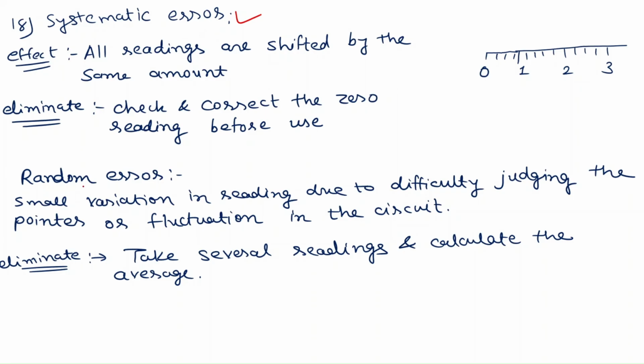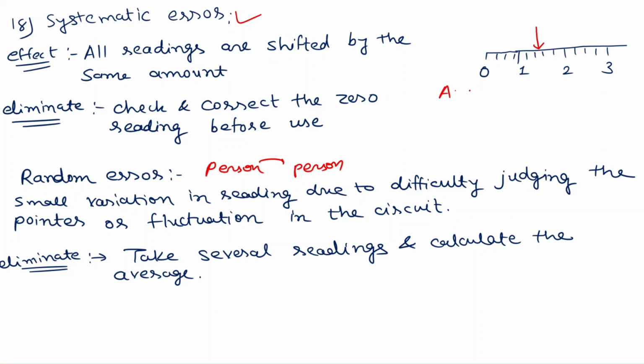Now, the second one is random error, which is not an instrument error. It is because of some kind of environment issue, or you can say it may be person to person. Okay, while you're doing an experiment, the pointer shows like this.